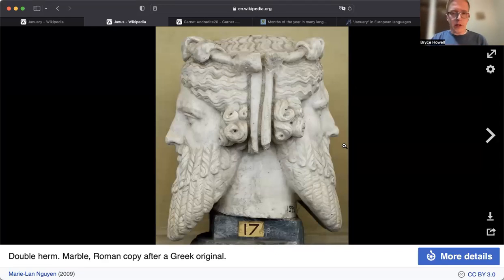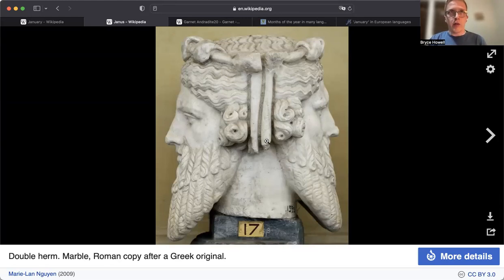And something that I forgot to mention in the beginning, when I was speaking about Janus, is that the god is two-headed, which is kind of unique because I don't think any of the other gods in the Roman or the Greek pantheon have a feature like this.